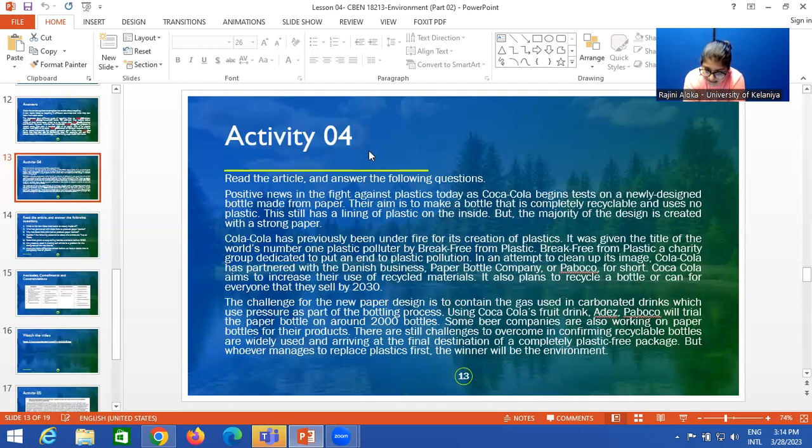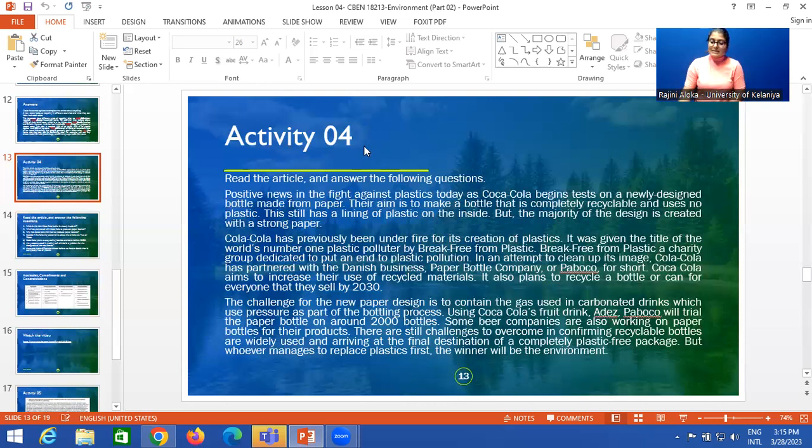Some beer companies are also working on paper bottles for their products. There are still challenges to overcome in confirming recyclable bottles are widely used and arriving at the final destination of a completely plastic-free package. But whoever manages to replace plastic first, the winner will be the environment.